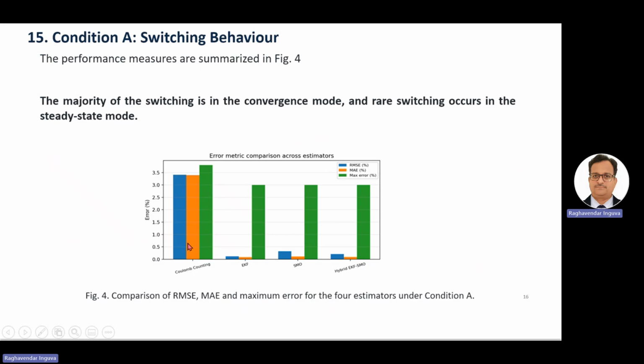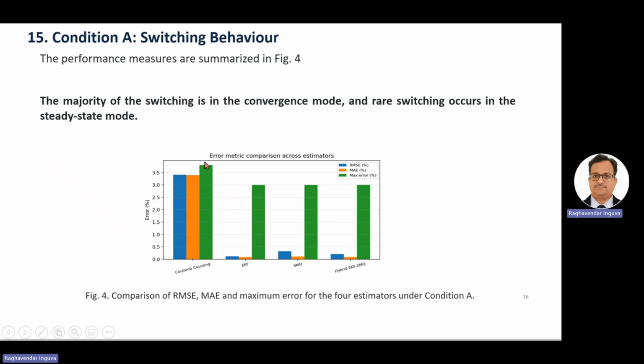So these are the comparisons between Coulomb counting, EKF, SMO, and hybrid EKF and SMO. These bands that you see over here represent root mean square error, mean absolute error and maximum error.